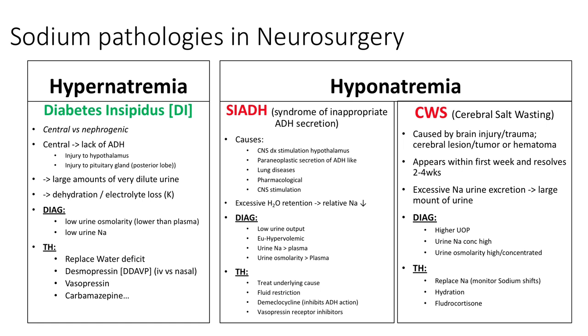Alright, hyponatremia. SIADH, the syndrome of inappropriate ADH secretion. Due to multiple factors, it could be stress, paraneoplastic syndromes, lung diseases, some pharmacology, or just CNS stimulation, all that can cause SIADH.